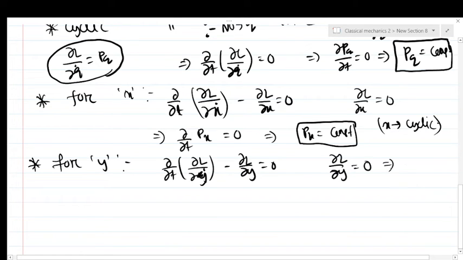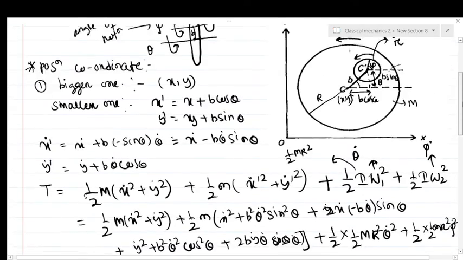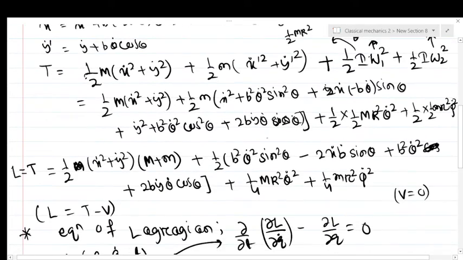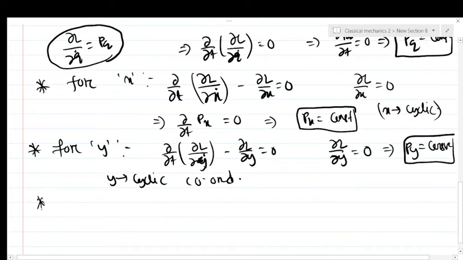That implies p_y is conserved. So y is also a cyclic coordinate. Similarly, for phi, there is no phi term. Phi dot is there, but phi is not there, so phi is also cyclic.